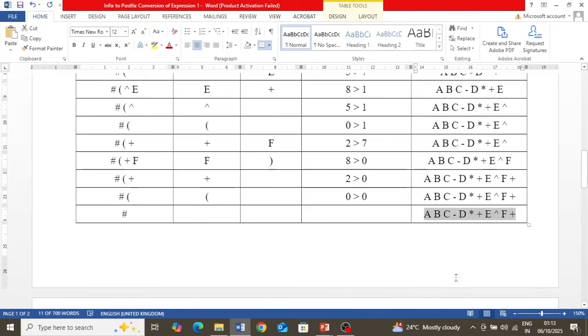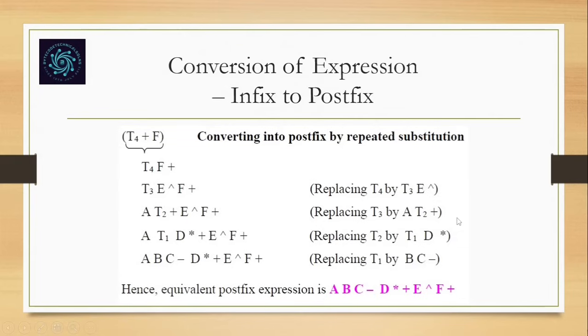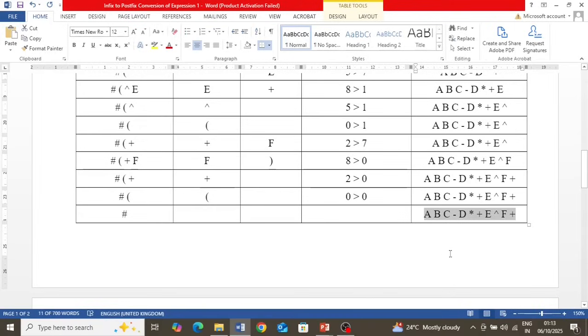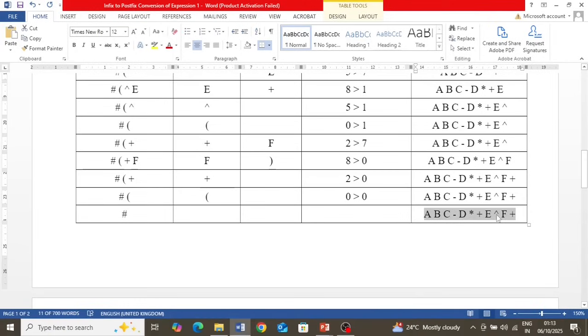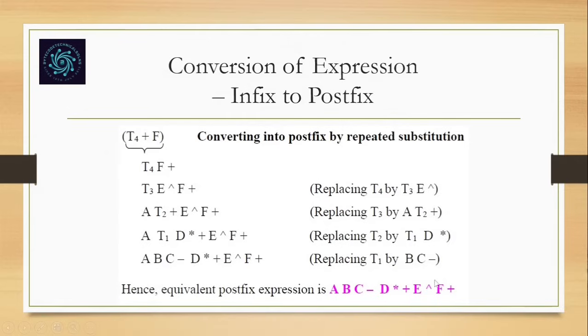Compare it with this expression. Here again we have the same resulting postfix expression, that is abc minus d asterisk plus e raised to f and then plus.